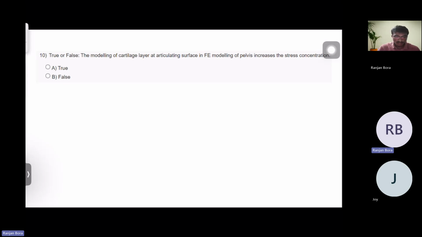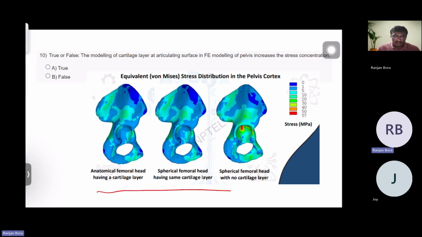Here you can see the results. After doing the FE modeling of pelvis, in the first figure, they have also modeled the cartilage layer. The difference between the first and the second is that in the first the femoral head is anatomical, but in the second, the femoral head is spherical. And in the third figure, the femoral head is spherical with no cartilage layer.